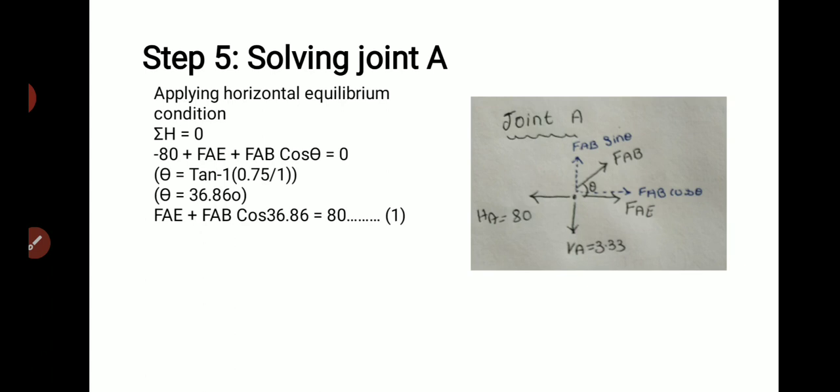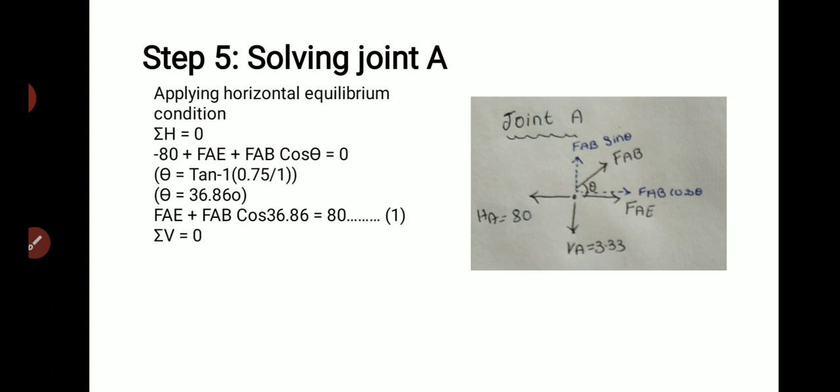So minus HA plus FAE plus FAB cos theta is equal to 0. This is one of the equations. HA is nothing but 8A, so minus 8A plus FAE plus FAB cos 36.86. That is equation 1.